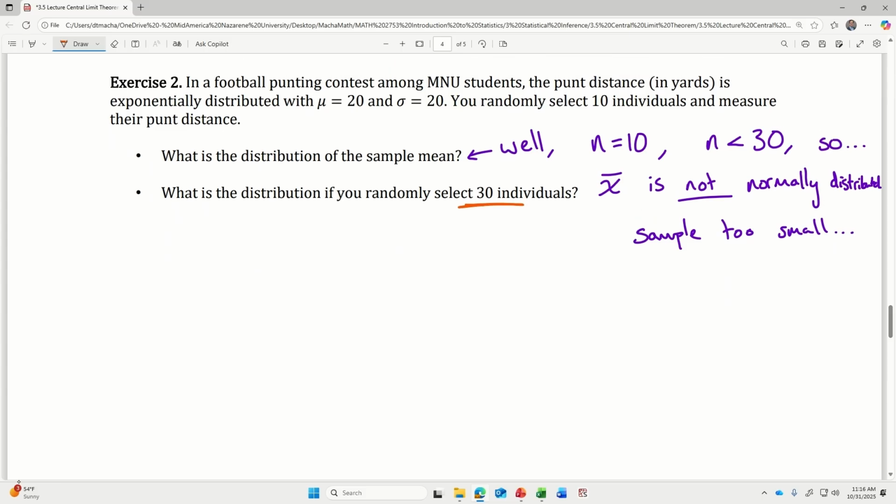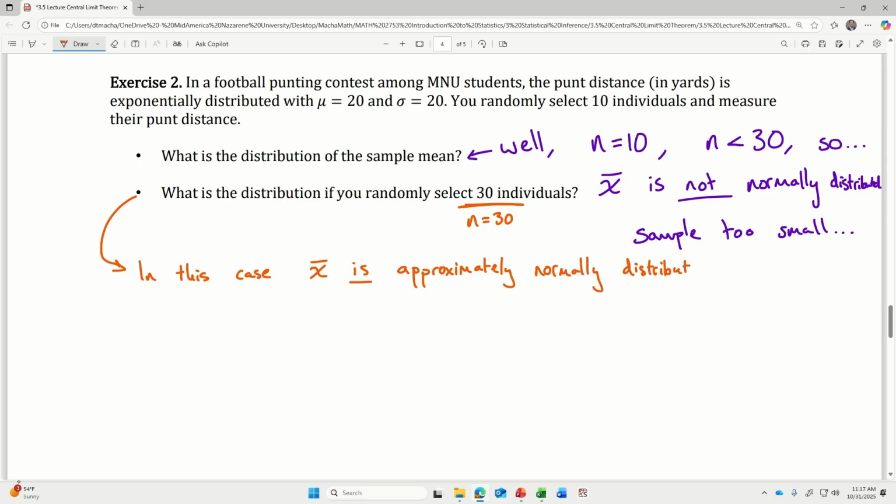Okay, sorry. So if n is equal to 30, then in this case the sample mean is approximately normally distributed. Of course, it's not exactly normally distributed, but it's good enough. These are all heuristics. The word heuristic means it's a rule of thumb.